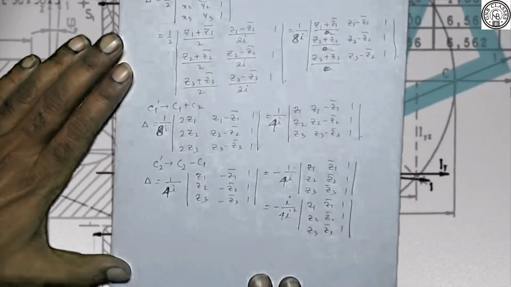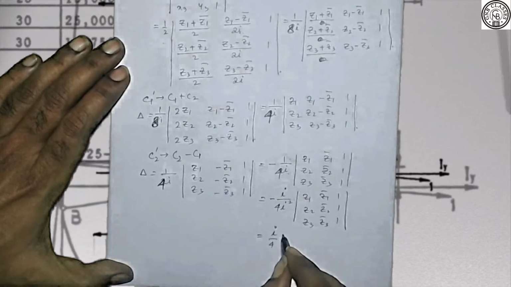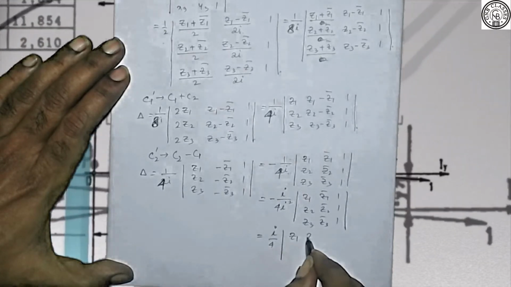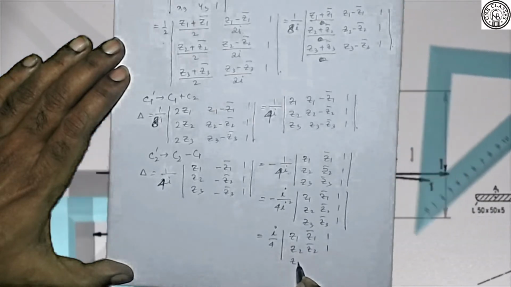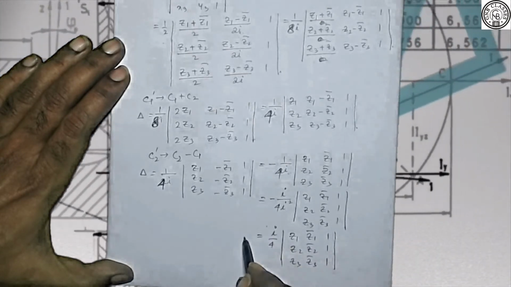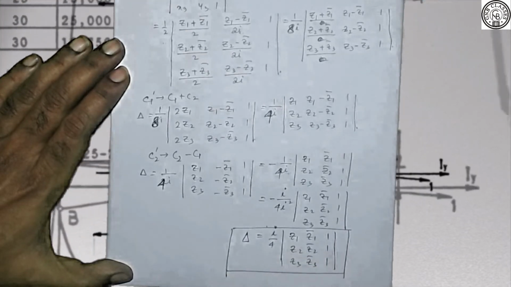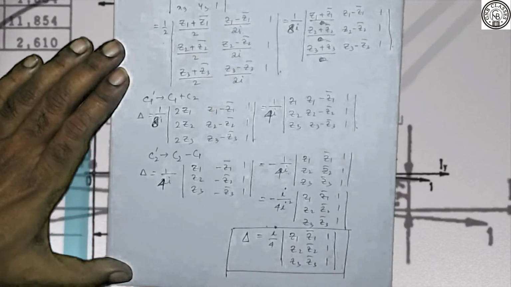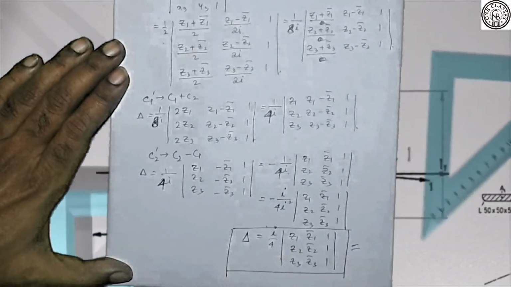So this one will give you iota by 4, Z1, Z1 bar, 1, Z2, Z2 bar, 1 and Z3, Z3 bar, 1. Okay. So this is the area of the triangle ABC whose 3 vertices are Z1, Z2 and Z3. Is it okay? It is better if we can remember this, right?